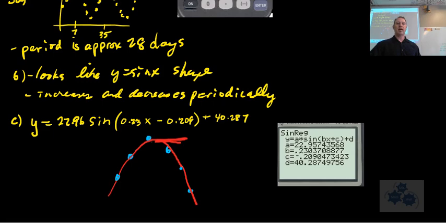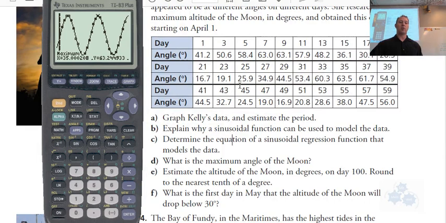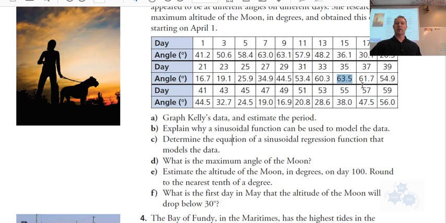Now, because this is a regression function, it looks like it's not going through one of the points that maybe would yield the maximum. So if that's the case, and again, I know this is a lot of thinking, you would want to say, you know what, 63.2, there's actually values that are above 63.2, and there's one right here. Is that right? So if you see a value that's above a calculated value, then you can write this one down. What's the maximum angle?